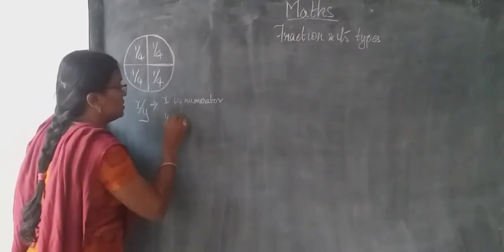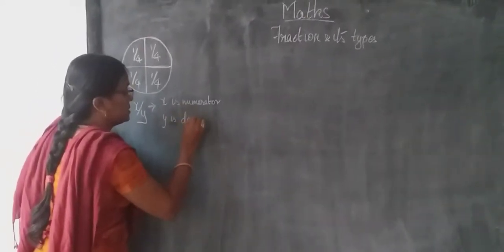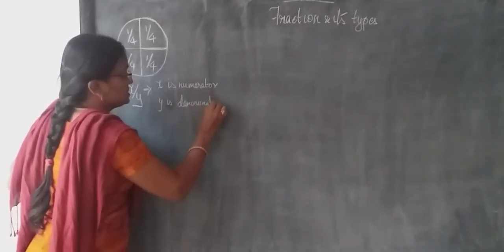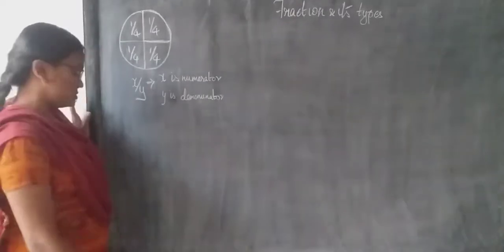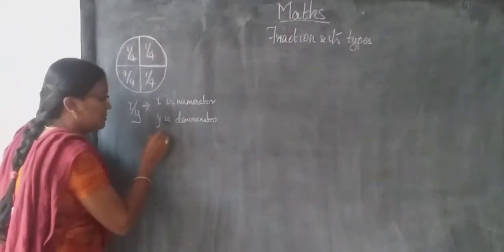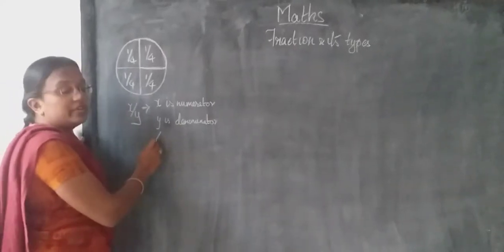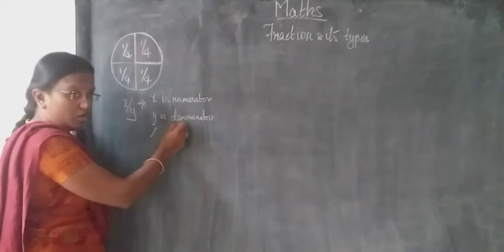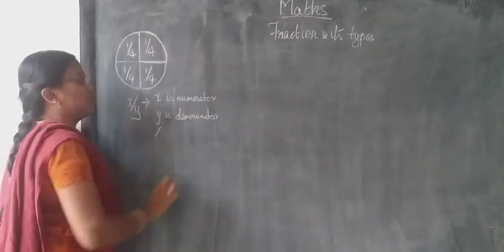Y is the denominator. We also call it the divisor in division. So a fraction has a numerator and a denominator, and there is a slash which divides the numerator and denominator. This is what a fraction is.